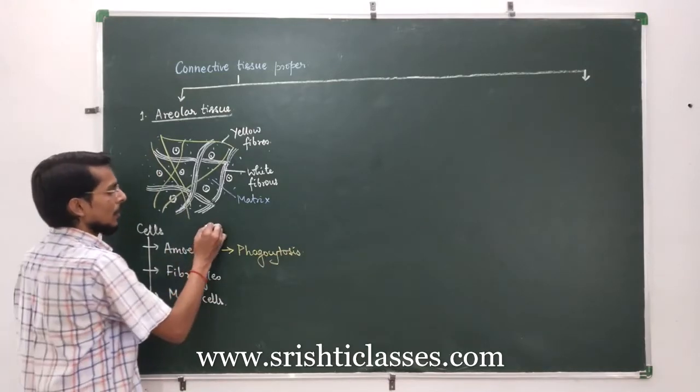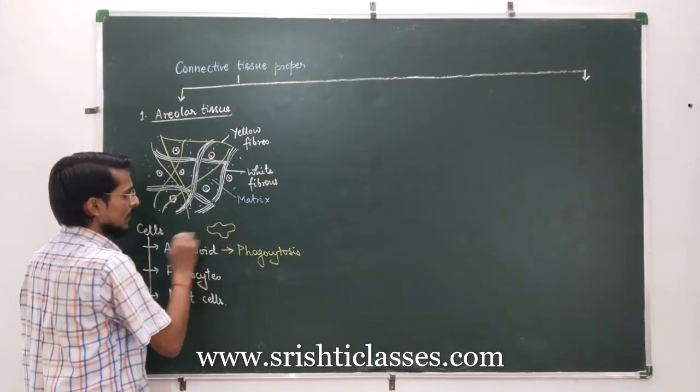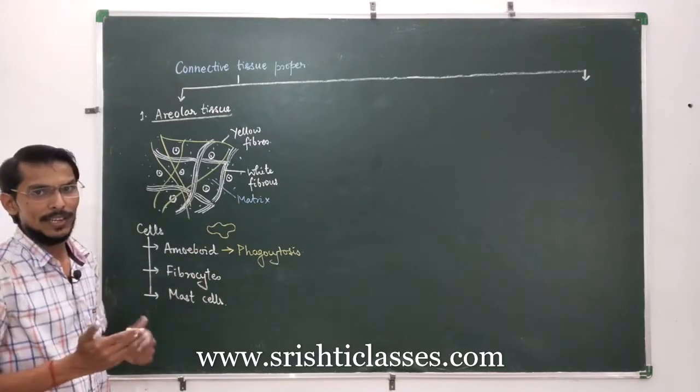Amoeboid means they have no fixed shape. The shape of these cells varies regularly.